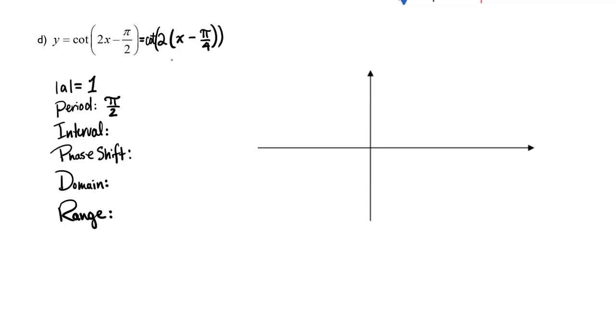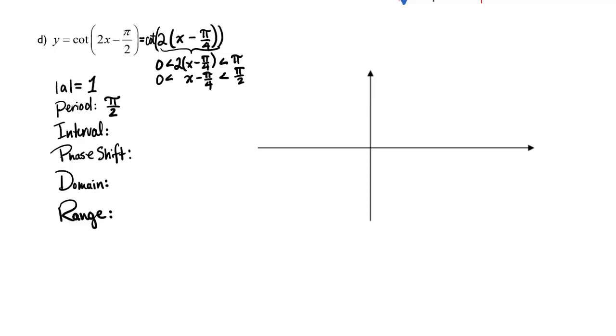My interval can be found by taking the standard cotangent interval from 0 to pi and plugging in the guts of the cotangent. So 2 times x minus pi over 4. Dividing everything by 2 will give me 0 is less than x minus pi over 4, less than pi over 2.